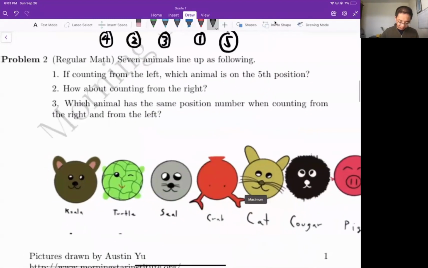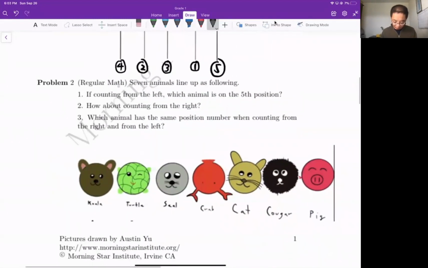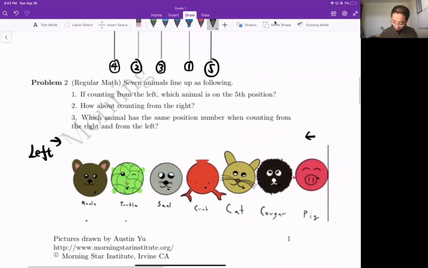Question number 2. This is also a regular math question. So here we have 1, 2, 3, 4, 5, 6, 7. We have 7 animals. The first one asks if we count from the left. So here is left, and here is right.